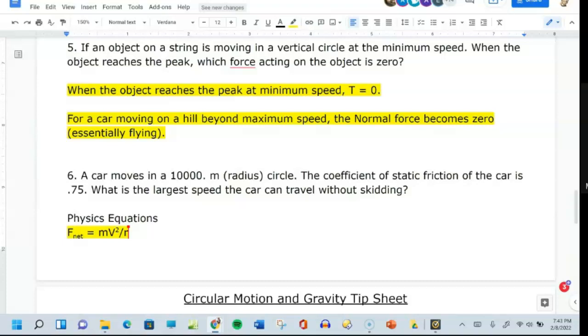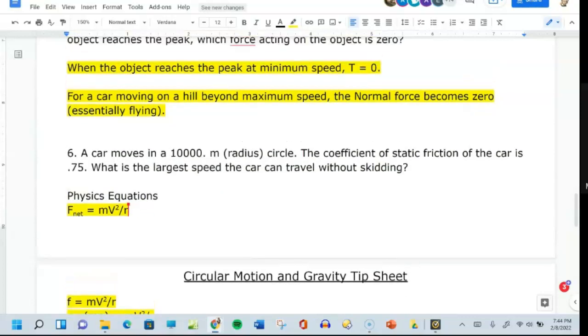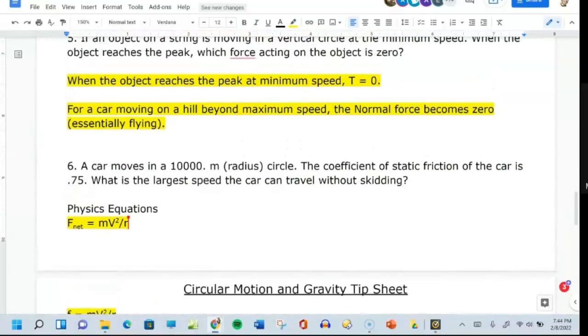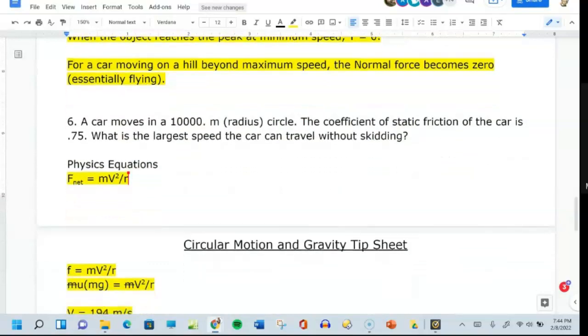If you go fast enough, you'll technically be in a state of free fall, and you'll feel no pressure from the seat at all. What is that speed? It's where the normal force equals 0, and mg is your only centripetal force.